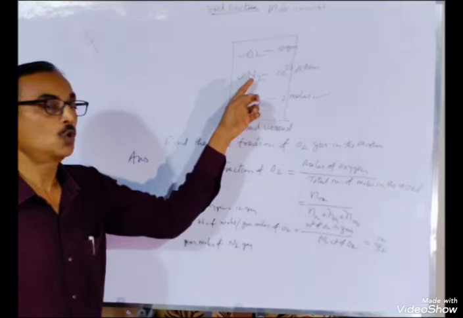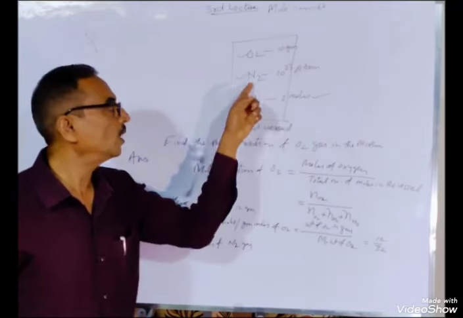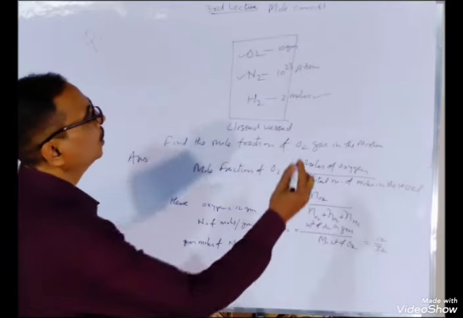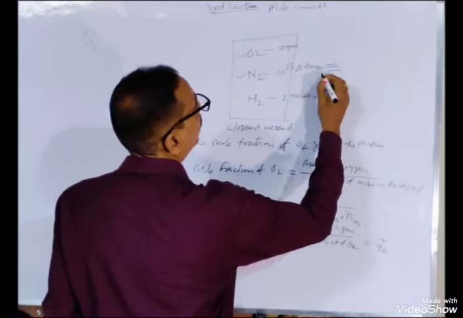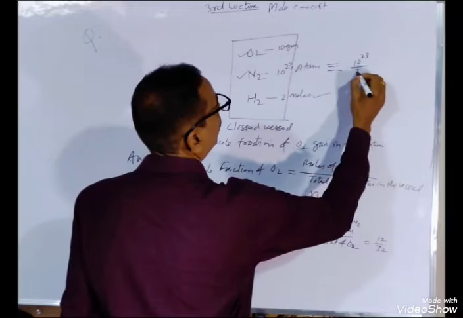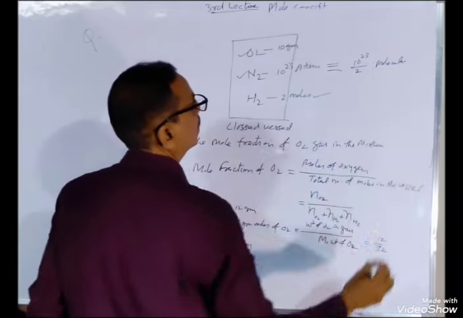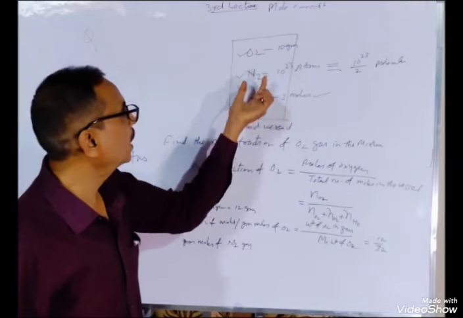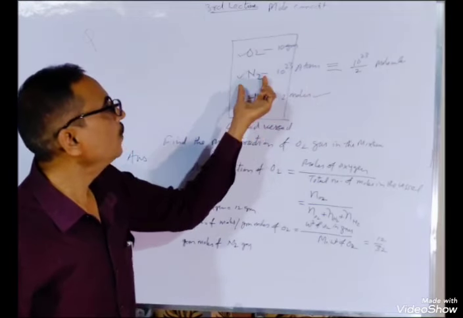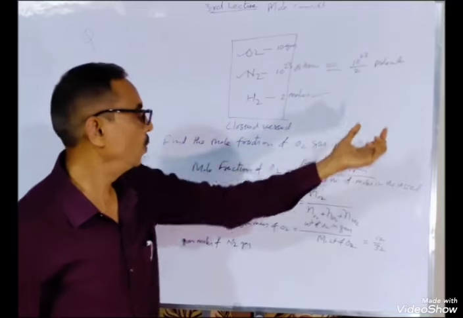It means 2 atoms are present in one molecule of nitrogen gas. So this is equivalent to 10 to the power 23 divided by 2. These are the number of molecules. Because one molecule contains 2 atoms, if we convert atoms into molecules, we divide by 2.